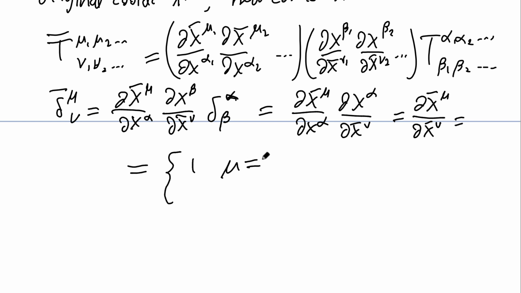So it's 1 if mu is equal to nu, 0 otherwise. So we can see that in any coordinate system, the components of the Kronecker, or the identity tensor, are just what we call the Kronecker delta, 1s and 0s.